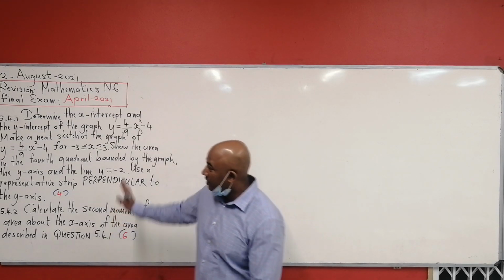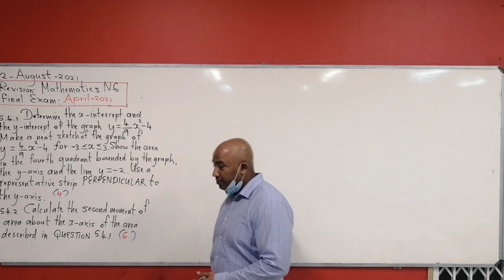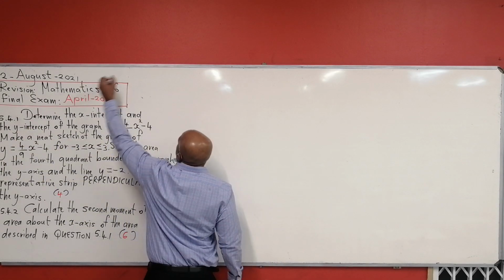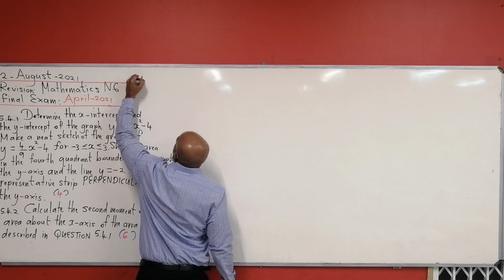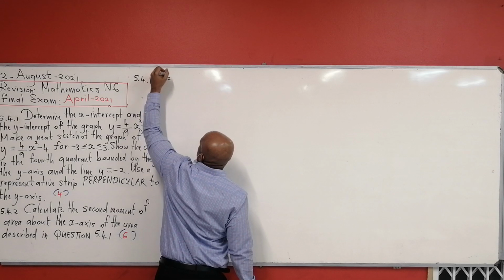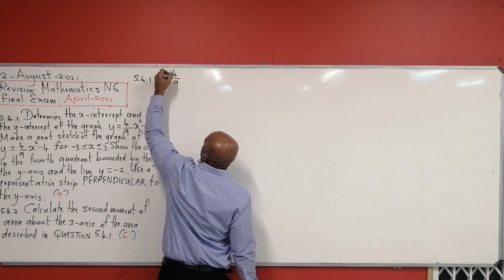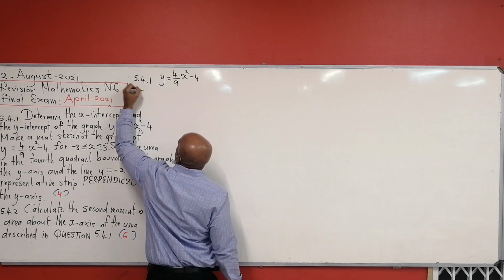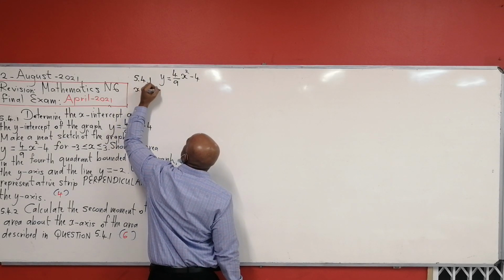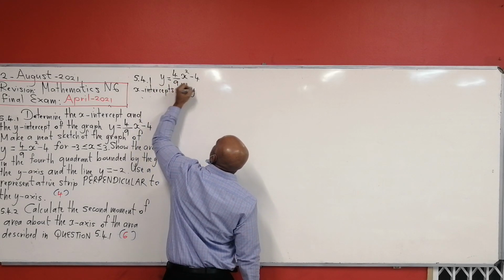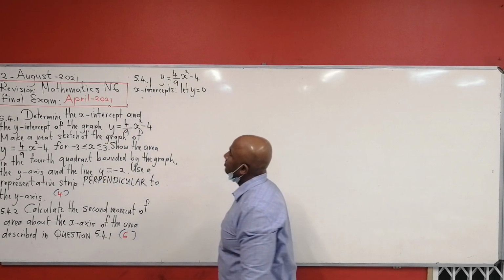Alright, we come to that. The main thing is the graph. Let's sketch the graph. Alright, so 5.4.1. So we have y is equal to 4 over 9 x squared minus 4. So for the x-intercepts, you let y equal to 0.